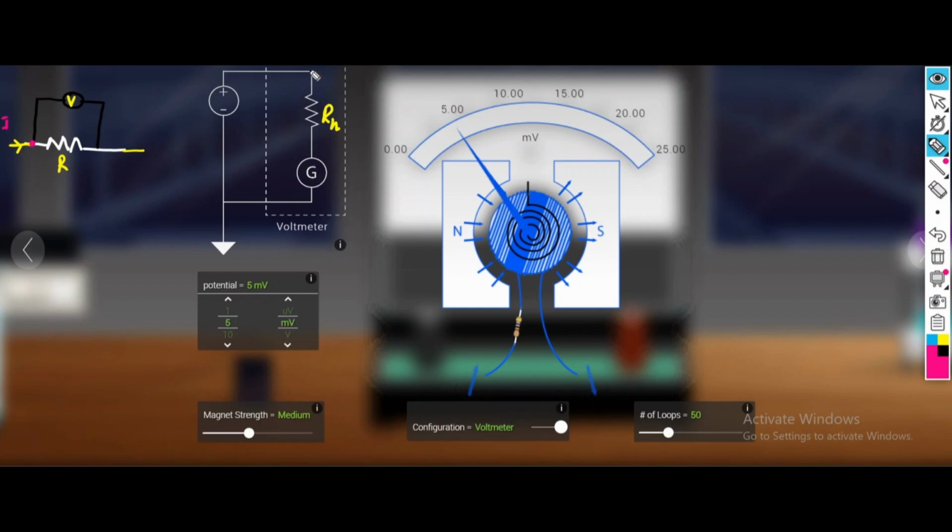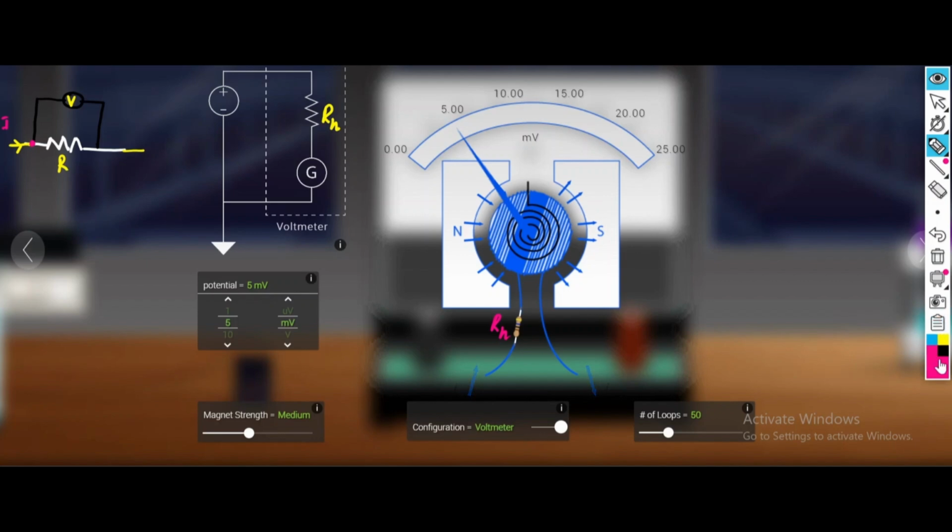If the resistance is high, then less current will pass through this voltmeter. The current first passes through this resistor, which is called RH, a high resistor, and after that the current passes through this galvanometer.